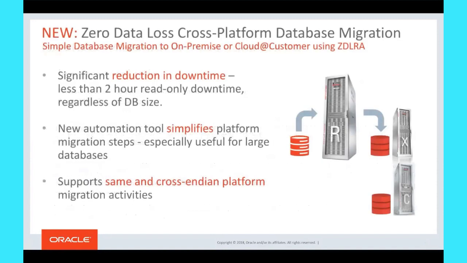So with cross-platform database migration, your big Endian platforms are commonly things like AIX, SPARC Solaris, HPUX. Your little Endian platforms are things like Linux, Windows, these kinds of other architectures, right? Moving things from one platform to another, from a legacy platform to a more modern or newer platform, is a common activity.